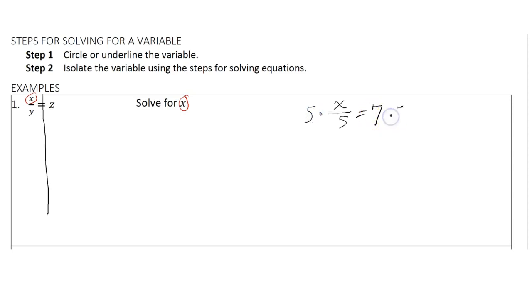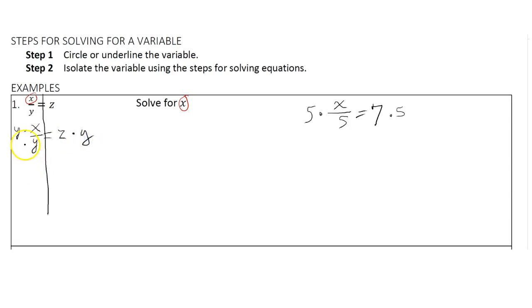To solve the pretend equation, I need to multiply both sides by 5. To match this step, I ask myself, what letter did 5 replace? 5 replaced y. So I multiply both sides of the literal equation by y.